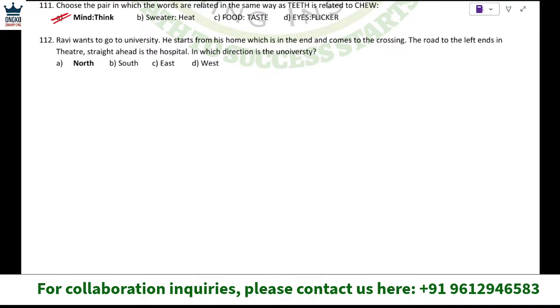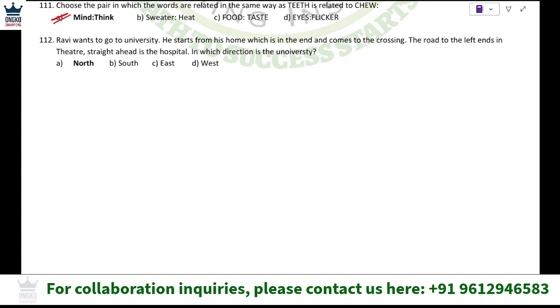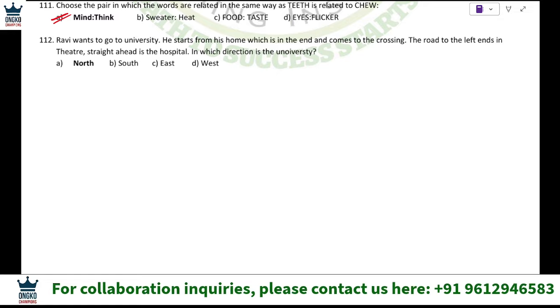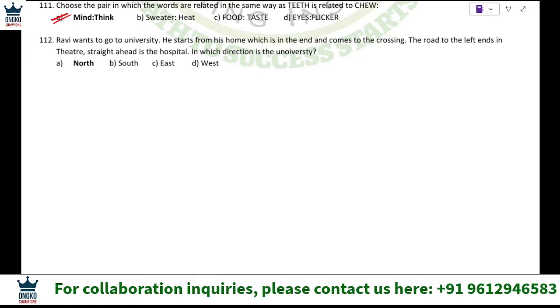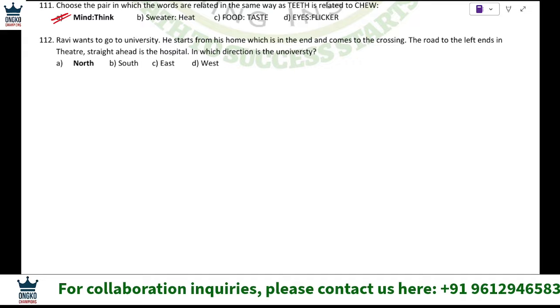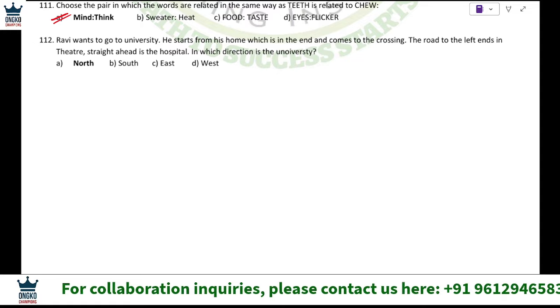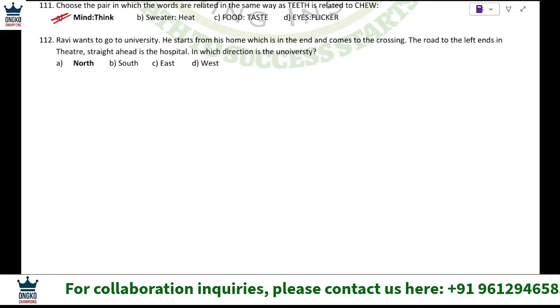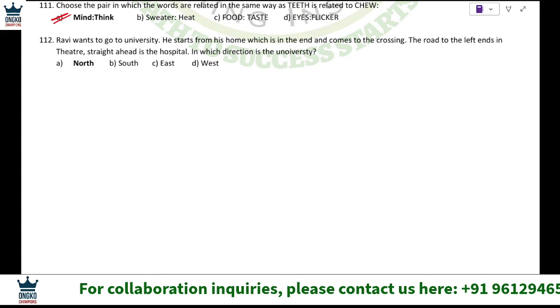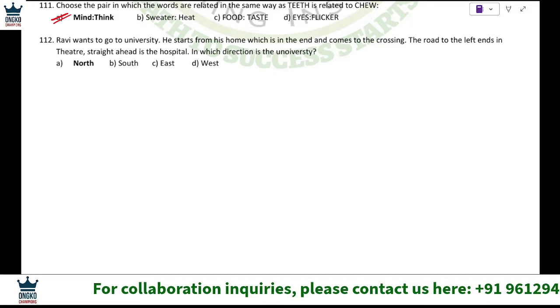Okay, so let's find this one. The information looks tricky, so let's try to analyze this one. The university, he starts from his home, which is in the end and comes to the crossing. So let's start this way. Ravi starts from his home, yes, it's mentioned in the question, which is in the end and comes to a crossing.